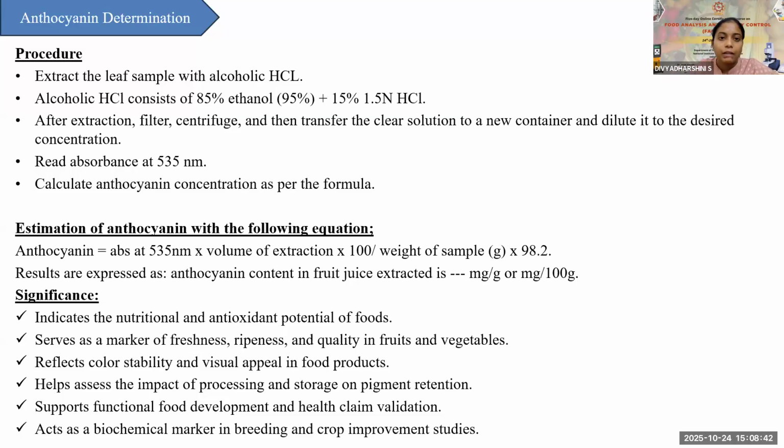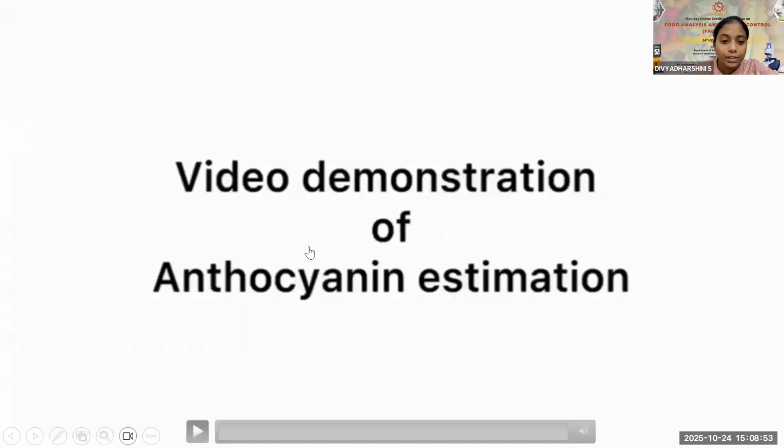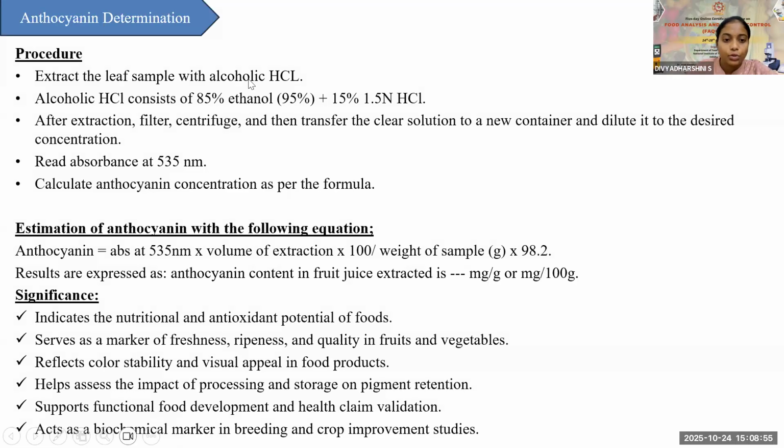Read the absorbance at 535 nanometers and calculate the anthocyanin concentration as per the formula: absorbance at 535 nanometers × volume of extraction × 100 divided by the weight of the sample in grams × 98.2. If I'm taking 1 gram of sample, just mention 1 gram. This is a standard factor calculation. Results can be expressed either as mg per gram or mg per 100 gram.